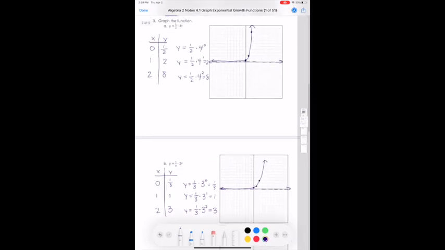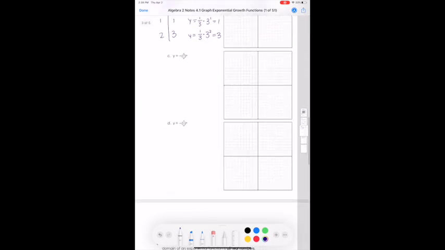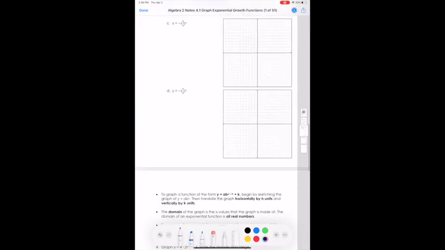Alright, so these are both shrinks, since the number in front of the exponential factor was a fraction. If it was a whole number, like a 3 or a 2 or a 7, it would end up growing much quicker because it's being multiplied by 7 instead of 1/2 or 1/3.